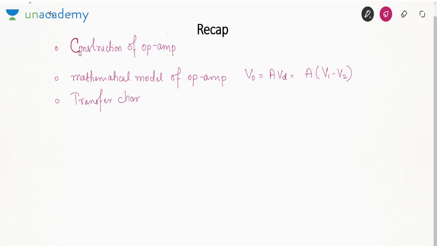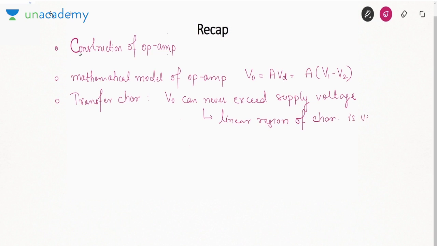In transfer characteristic, I told you V0 can never exceed supply voltage. We saw that, due to which the linear region of characteristics is very small.